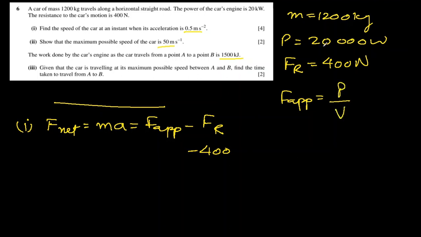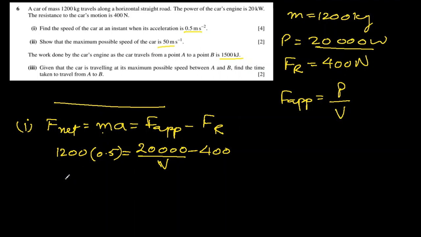We know power and they're asking us the speed. So it will be 20,000 divided by speed. Mass is known to us, 1200. Acceleration is given, 0.5 meters per second squared. So speed is the only unknown here.